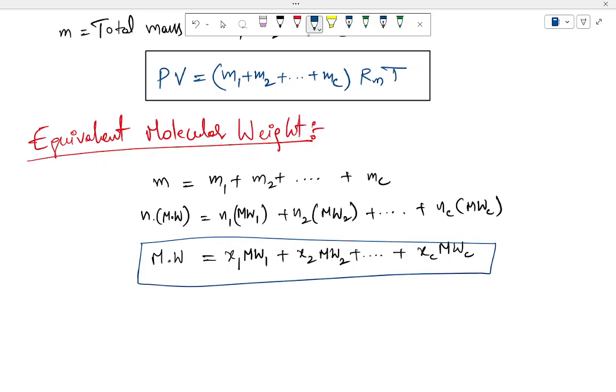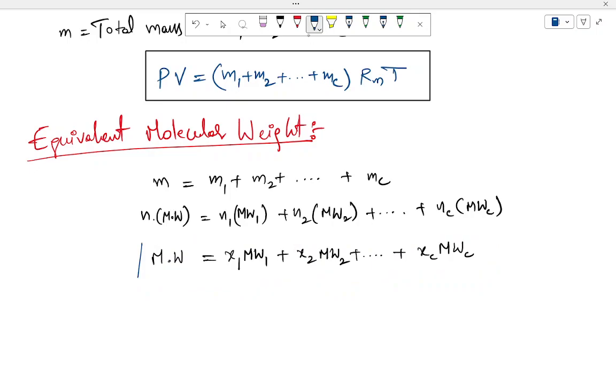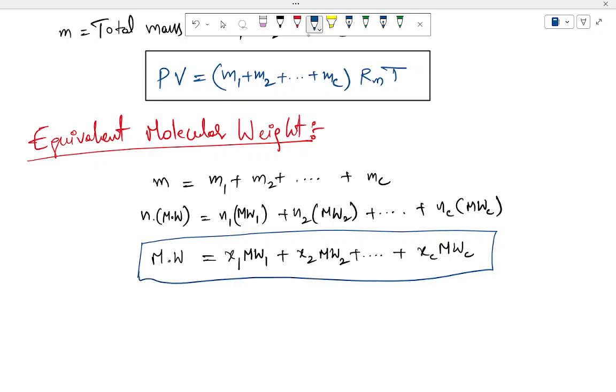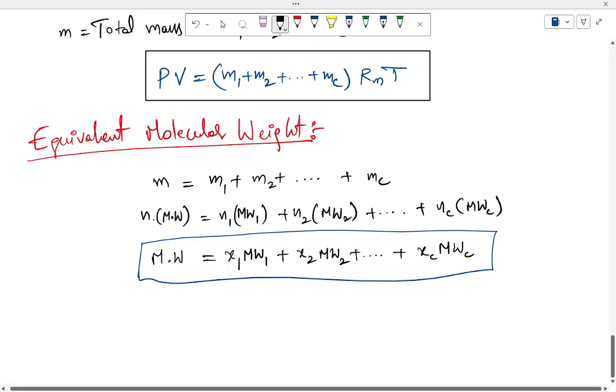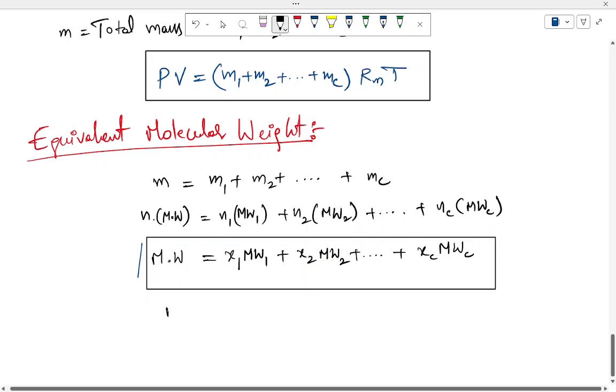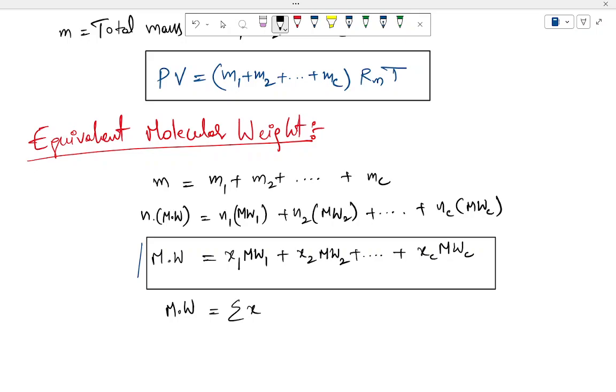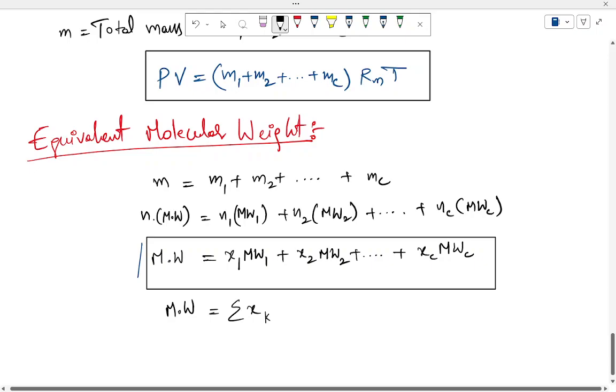This is the expression for equivalent molecular weight, and this molecular weight formula can also be written in a simpler form, where molecular weight is equal to sigma x of, let's say, any particular k, into molecular weight of that particular k.